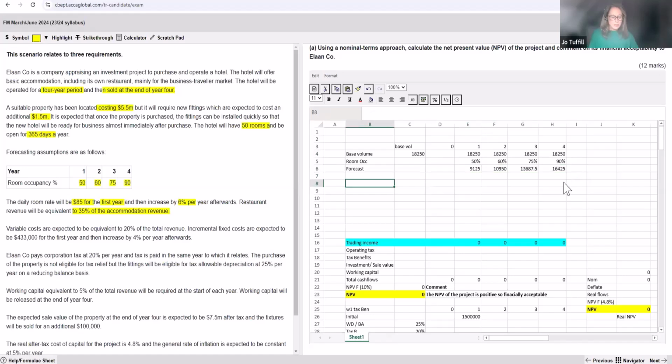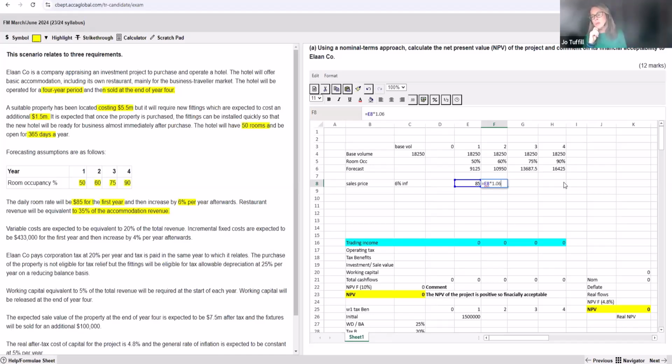We now need to forecast our sales price. And remember, it's going to be with a 6% inflation. So pop that in so they know that you know that. The first year is going to be 85. Now to inflate that up, we times that by 1.06. Make sure you put it in correctly. Notice I'm doing everything in the cells so they can see what I'm using as an inflation rate.